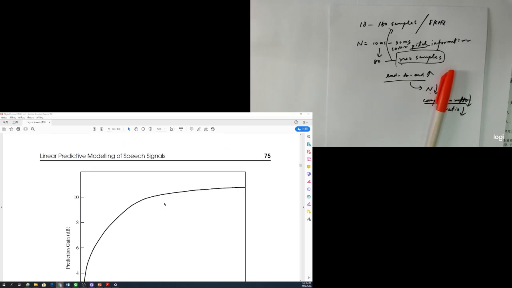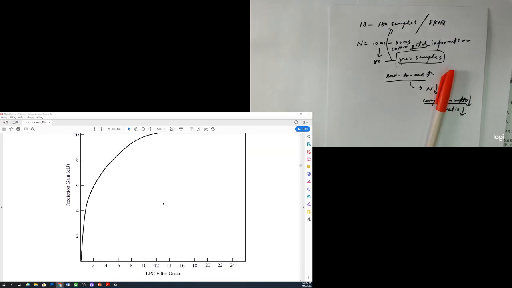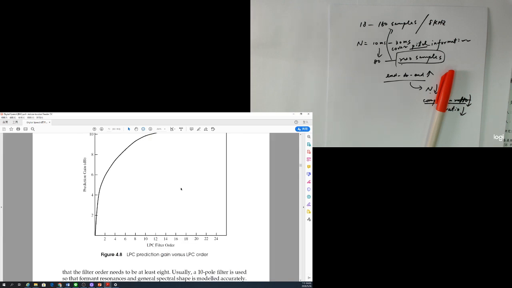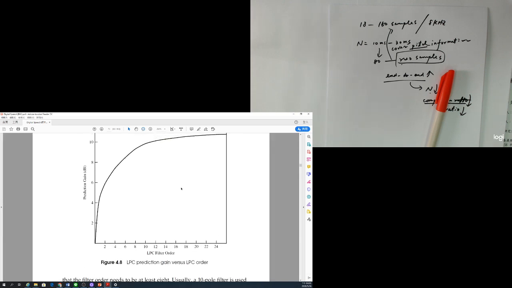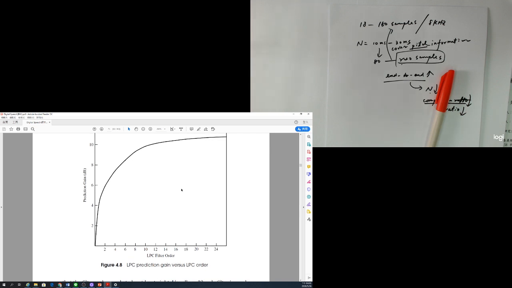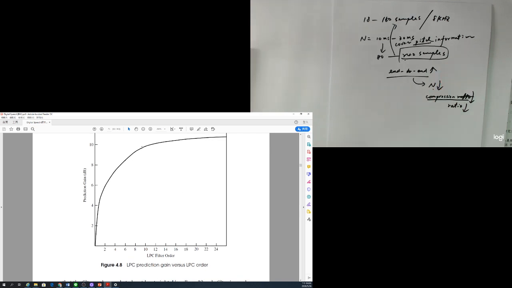So you can see here they show one figure. If we consider that they are close to pitch gain saturation, they cannot improve the pitch gain.